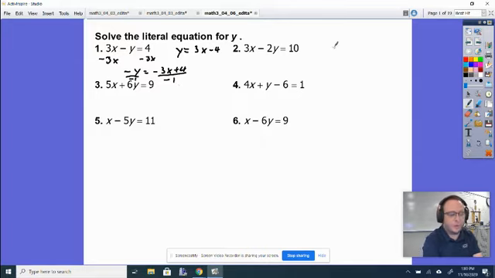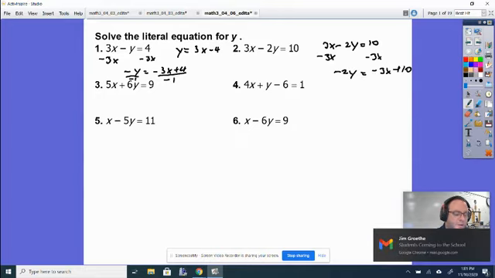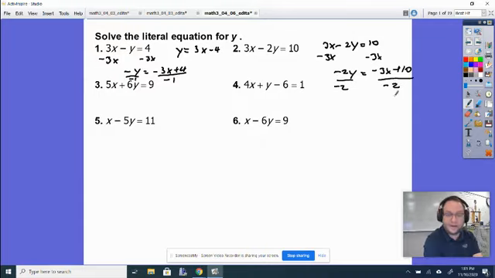Just doing another quick one. I've got 3x minus 2y equals 10. Again, we're going to move that 3x over. I'm going to have negative 2y equals negative 3x plus 10. Again, negative 2, negative 2. Now in this case, because I have that negative 2, I really don't need to try to combine those.